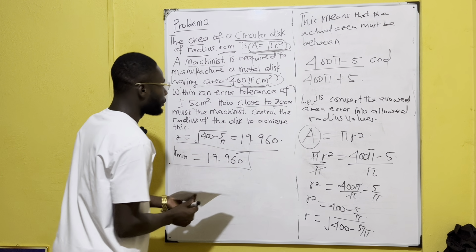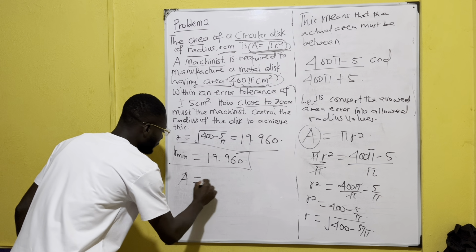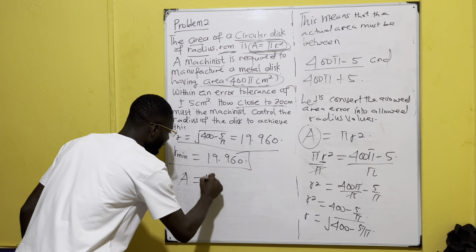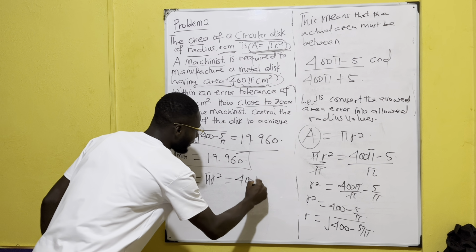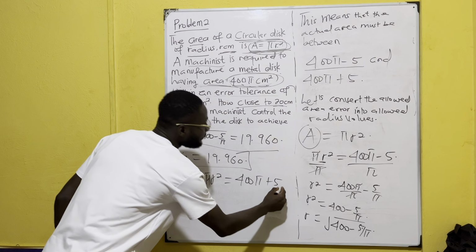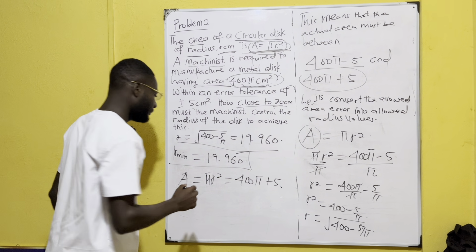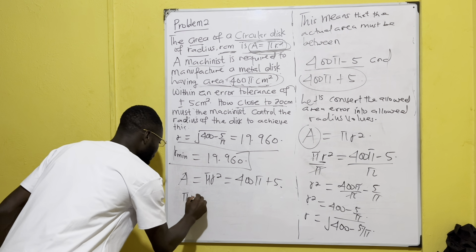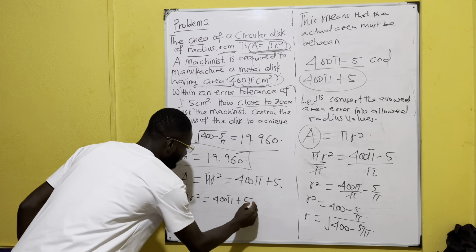So we're going to say that A equals pi r squared, of which it is equal to 400 pi plus 5, which is the largest part. Okay, so we're going to have pi r squared equals 400 pi plus 5.